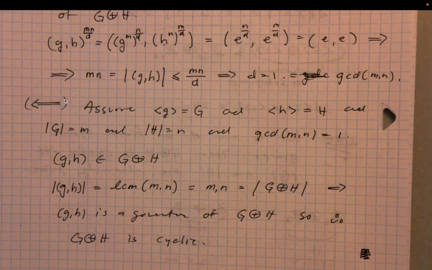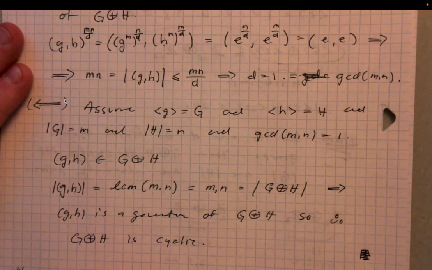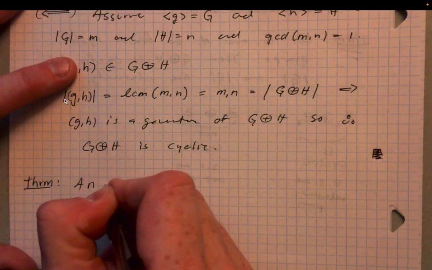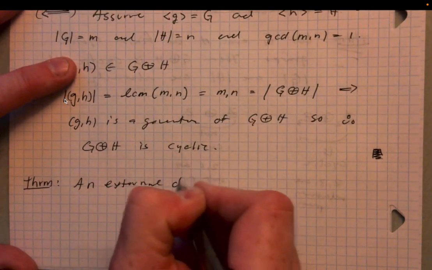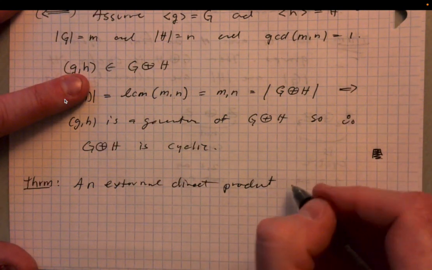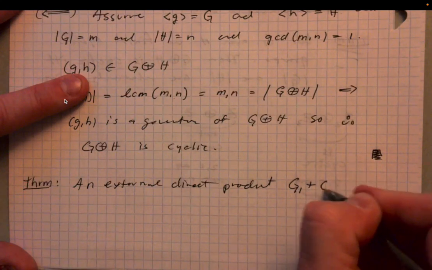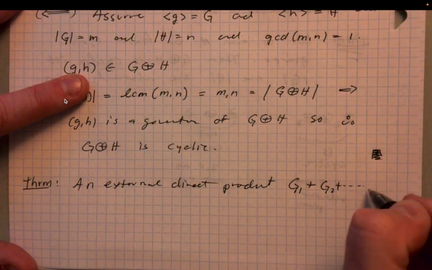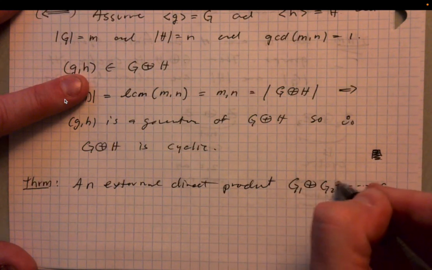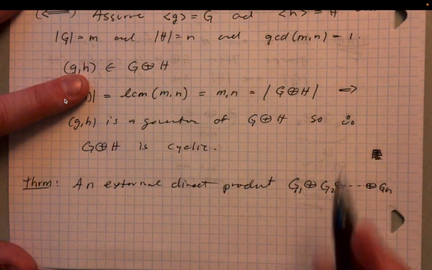This was just an example with two groups, G and H. This can naturally be extended to however many groups you like as an external direct product. So an external direct product, we'll say G1, G2, ..., Gn, an external direct product of n groups.